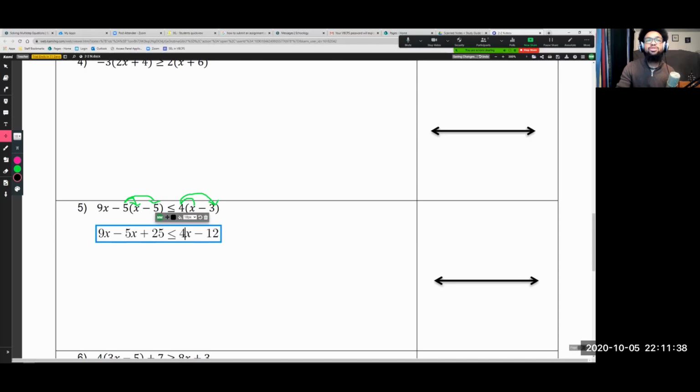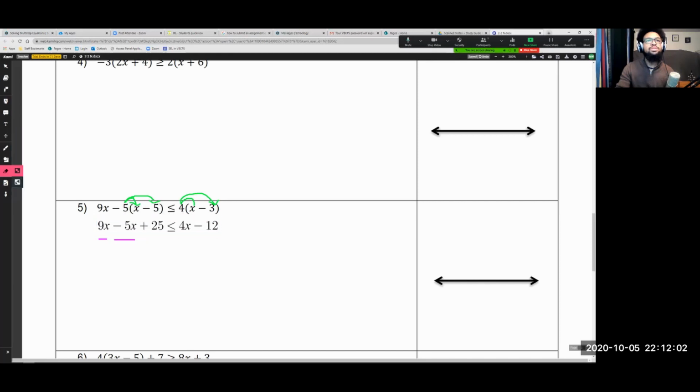We have distributed. Now we must combine our like terms. So let's go ahead. I'm going to just underline my like terms on both sides. On this side, I have this 9x and this negative 5x. And then that's it. Those are all like terms I have. So once I combine those, let me scoot this up a little bit.